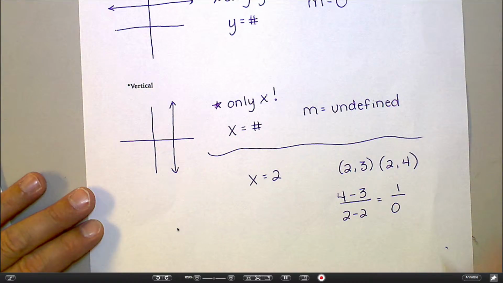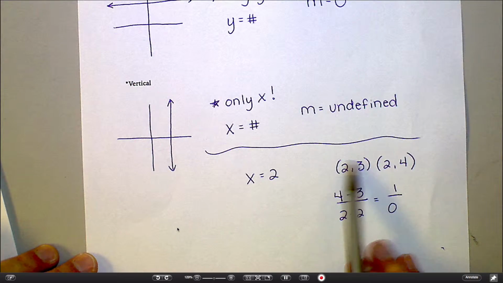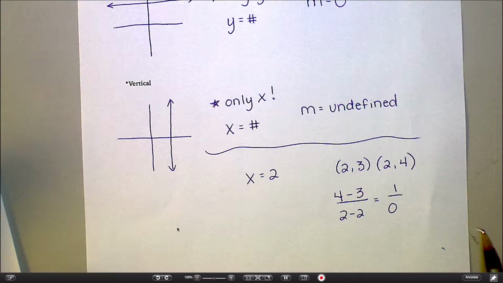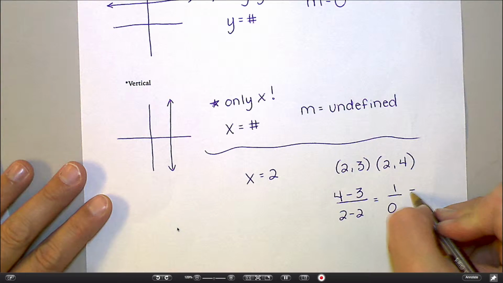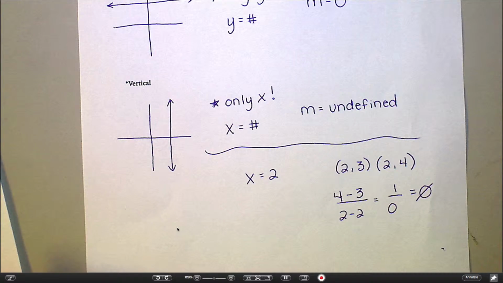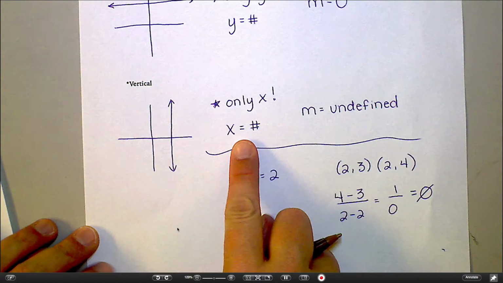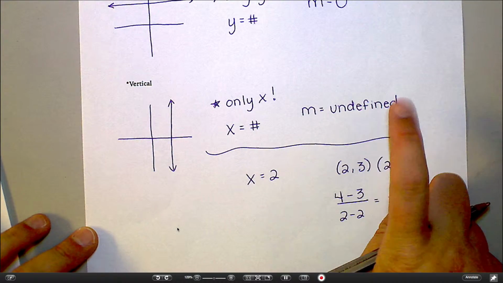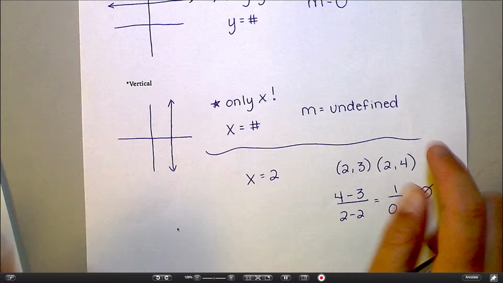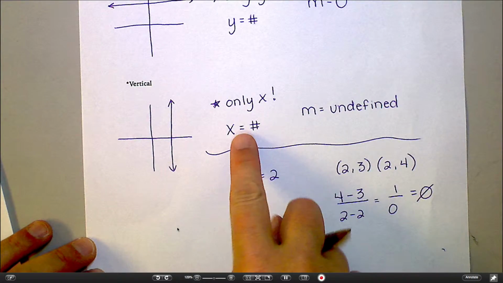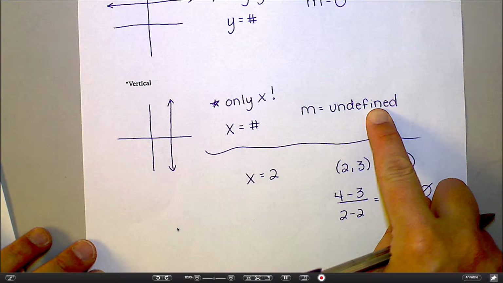But it'll always end up being over 0 because your two x's are the same. So when you subtract them, they're going to make a 0. And this is what makes the undefined slope. Okay? So a vertical line, it's going to be x equals a number, and it's going to have an undefined slope. And again, as soon as you see this equation, I want your brain thinking it's undefined.